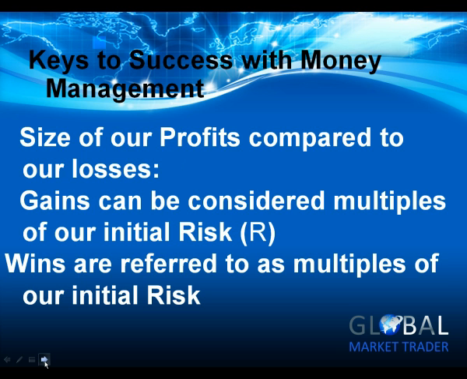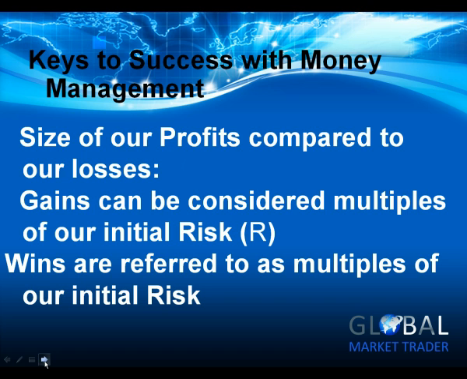We looked at the DAX data. That has what we call an initial risk, and that amount, whether it's $100, $500, $1,000, basically is our initial risk, and our wins are referred to as multiples of our initial risk.